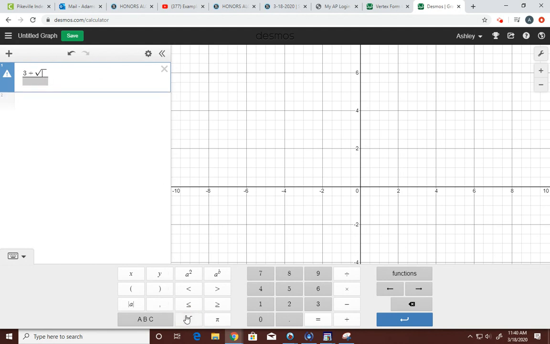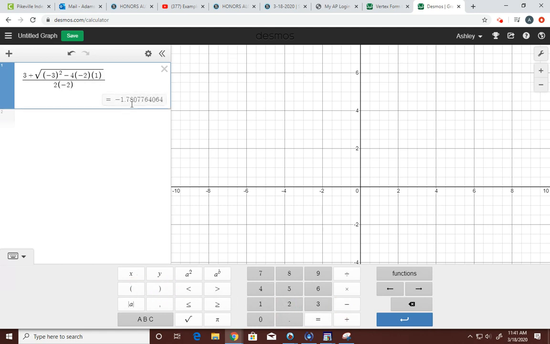Do my plus first and then square root, and then I'm going to use my parentheses. Squared. Minus 4 times a times c, all over 2 times a.